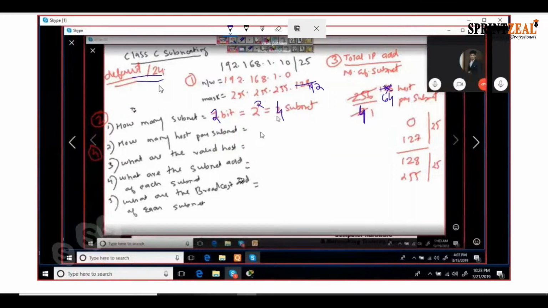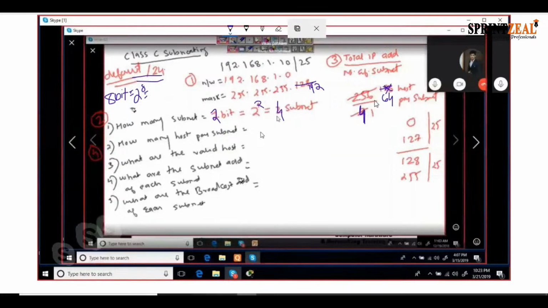Default mask means 8 bits in the host. Then how is 8 bits represented? 2 power 8 is 256.